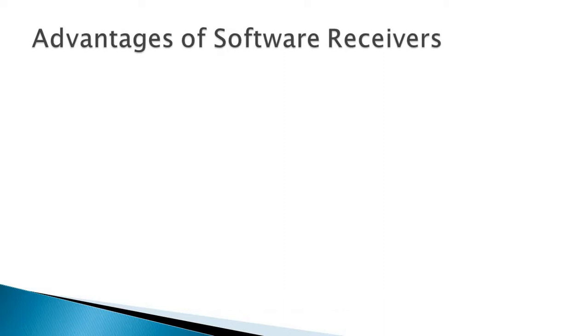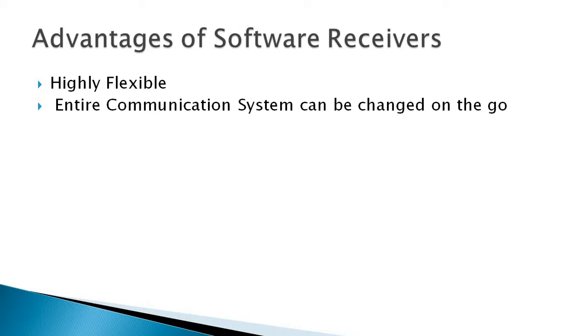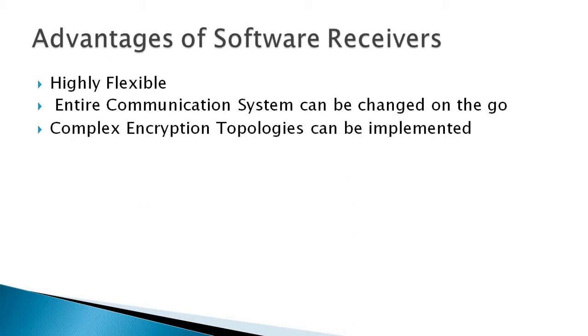Now let us talk about the advantages of software receivers. It is highly flexible. This is one of the main advantages of the software receiver. The entire communication system can be changed on the go. Complex encryption technologies can be implemented, so you can implement very complex encryption technologies by using SDR receivers.